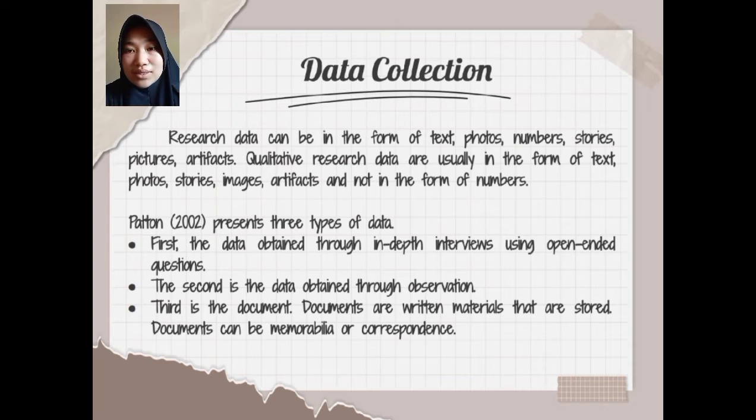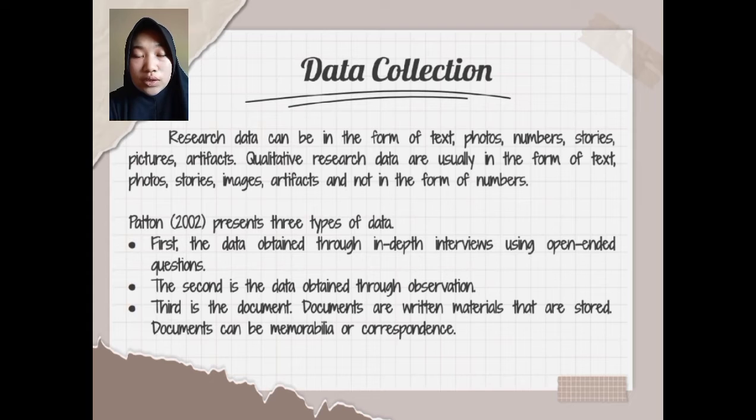Okay, the fourth slide is data collection. Research data can be in the form of text, photos, numbers, stories, pictures, or artifacts. Qualitative research data are usually in the form of text, photos, stories, images, and artifacts, and not in the form of numbers.